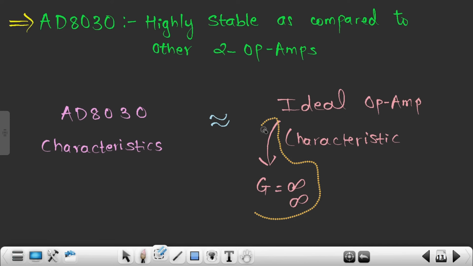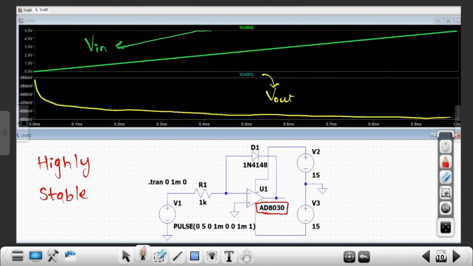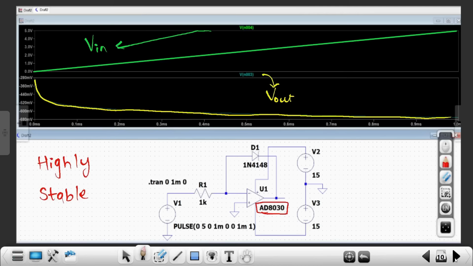This property is almost equivalent in AD8030, although its input impedance, gain and bandwidth won't be infinite, but they will be very high compared to the other two op-amps, LM741 and OP07. Since its characteristic matches an ideal op-amp, it is able to give this kind of logarithmic curve. So that was all about the logarithmic amplifier. I believe that you understood this concept in depth.